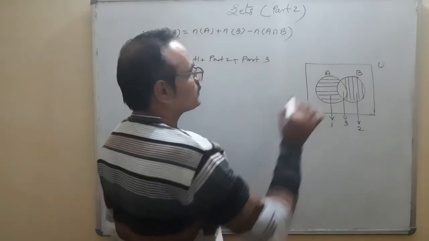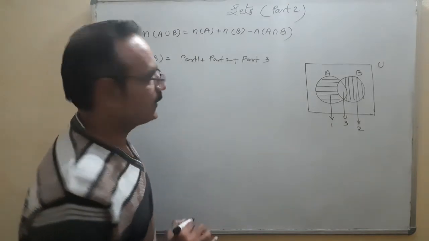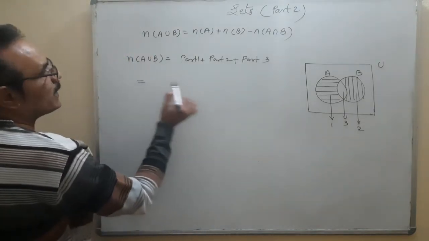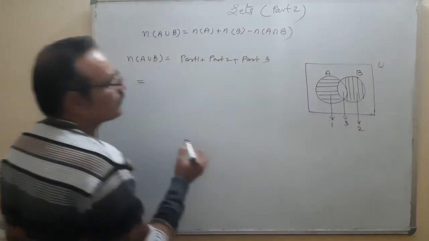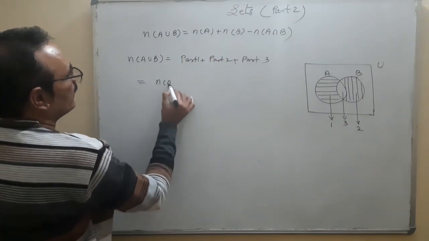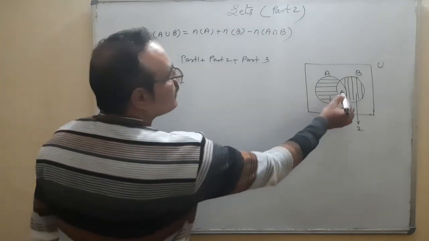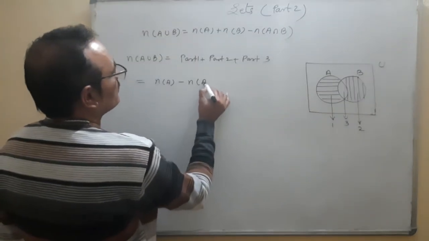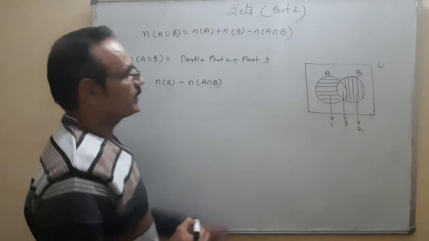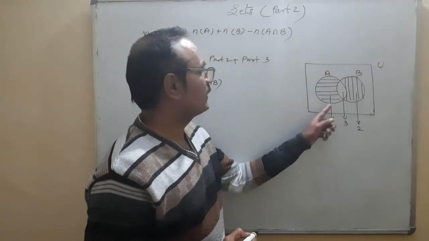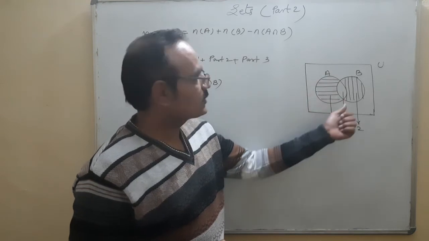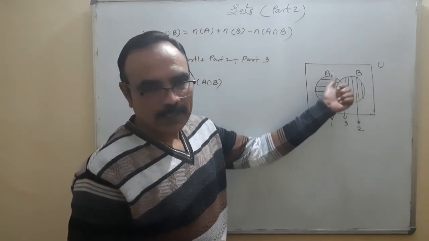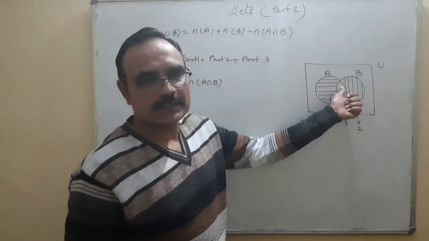Part 1 means we are talking about the elements present only in A. This part 1 can be expressed in the form of n(A) minus n(A intersection B). Is that okay? Because n(A) is this complete portion, but for part 1 I have taken this up to here. So this portion is not involved in it. n(A) minus n(A intersection B).